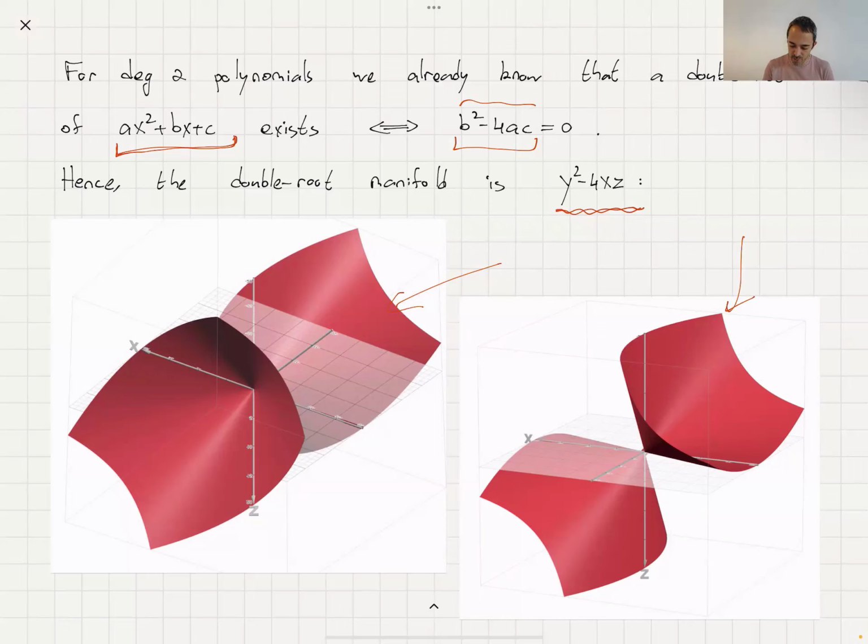All of the points on this manifold correspond exactly to polynomials with a double root, and on one side you will get real roots, on the other side complex roots, and so forth.